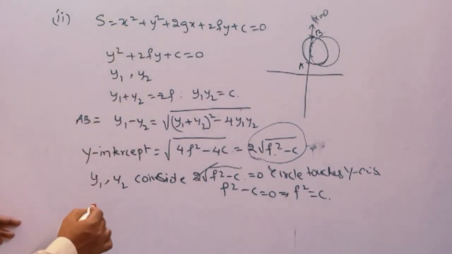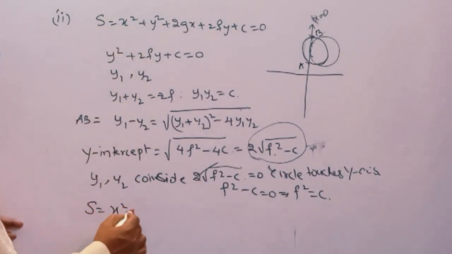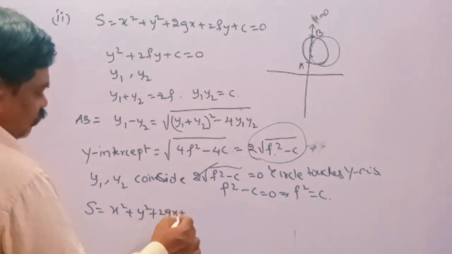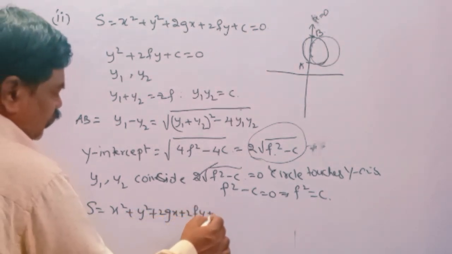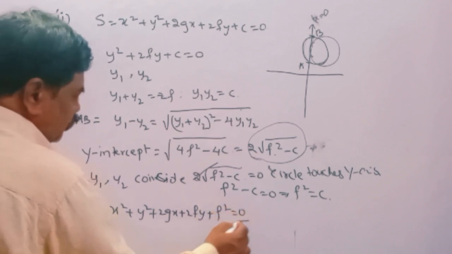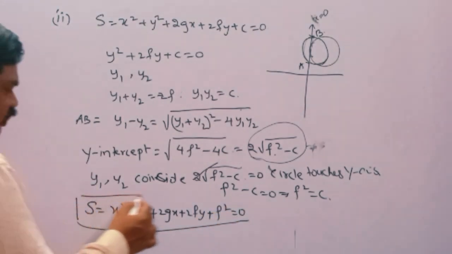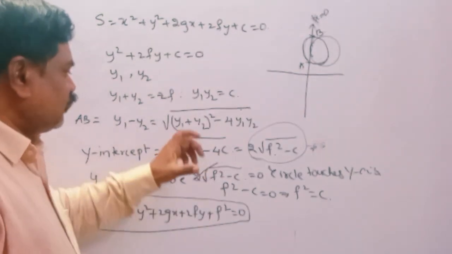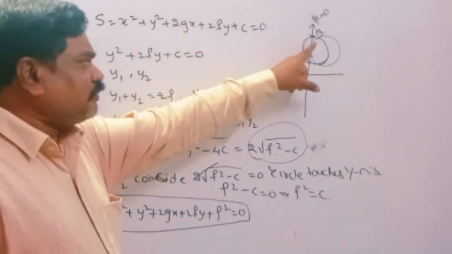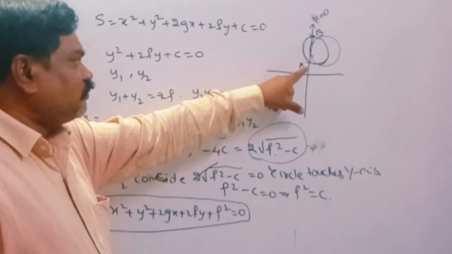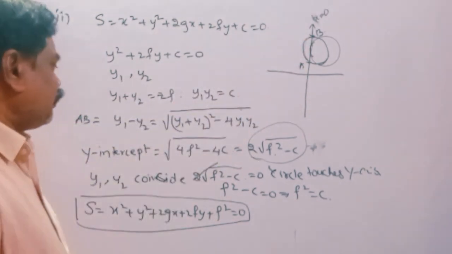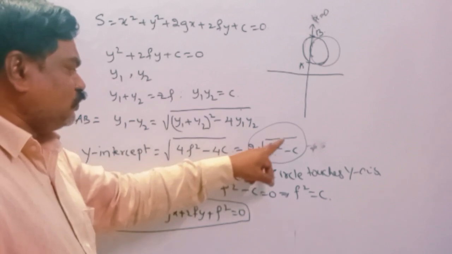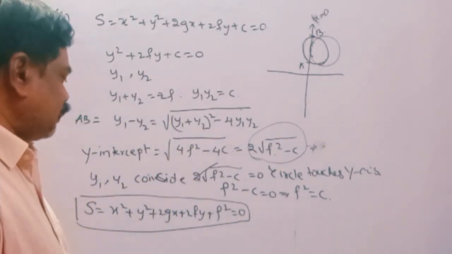Then the circle equation s is equal to x square plus y square plus 2gx plus 2fy plus f square equal to 0 is the circle equation. Here two conditions are there. If the circle cuts the y-axis, then the y-intercept AB is equal to 2 into root over f square minus c.